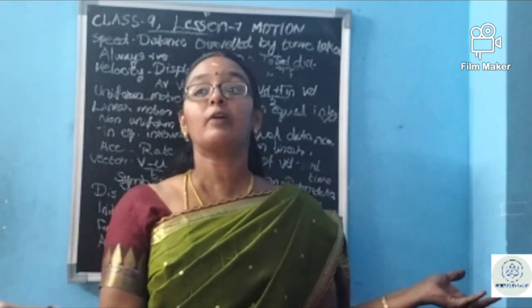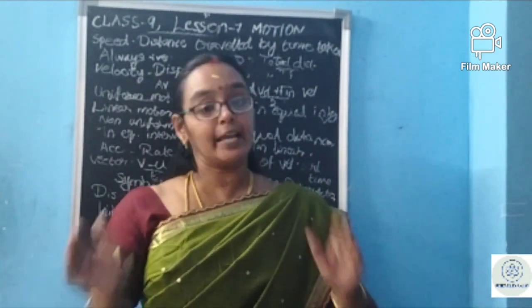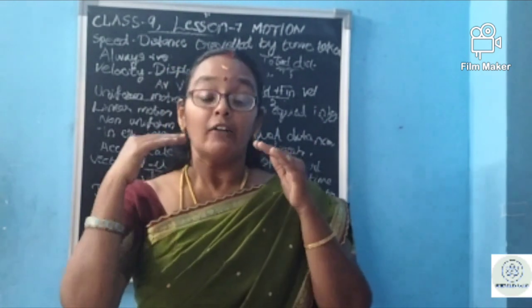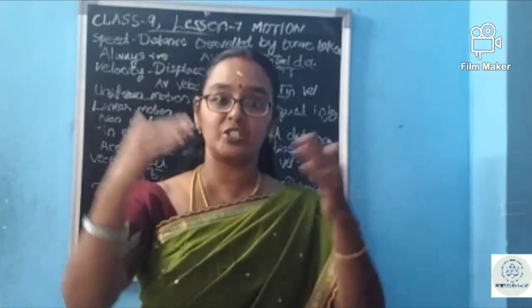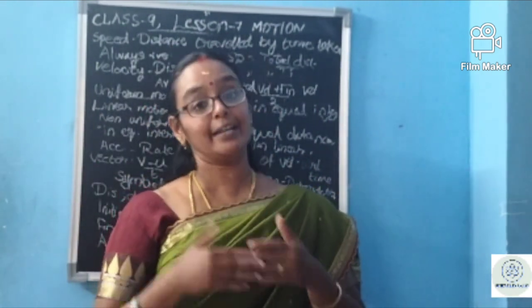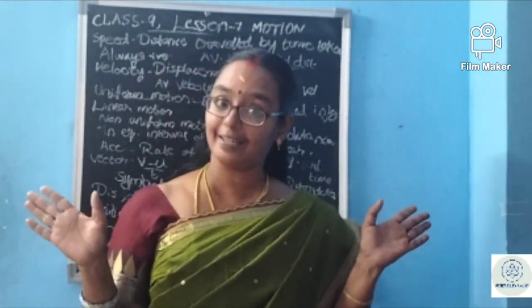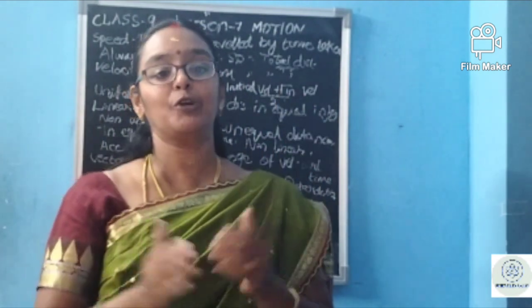So what do you understand by this vector quantity? It has magnitude and direction is the first point, and the second point is velocity can be positive, 0 and negative. But in the case of speed, the value will only be positive. All these things should be in your mind.